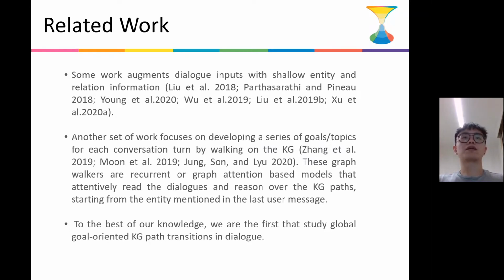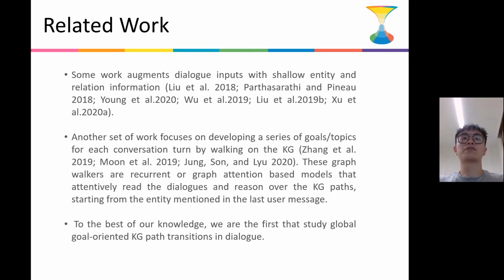Some work augments dialogue inputs with shallow entity and relation information. Another set of work focuses on developing a series of goals or topics for each conversation turn by working on the KG. These graph walkers are recurrent or graph attention-based models that attentively read the dialogues and reason over the KG paths, starting from the entity mentioned in the last user message.